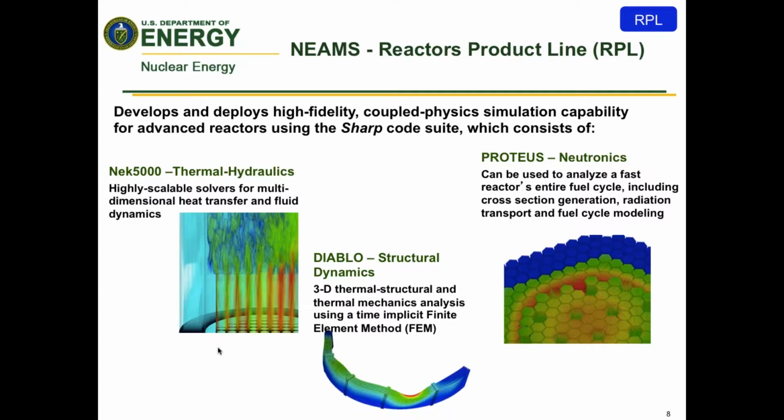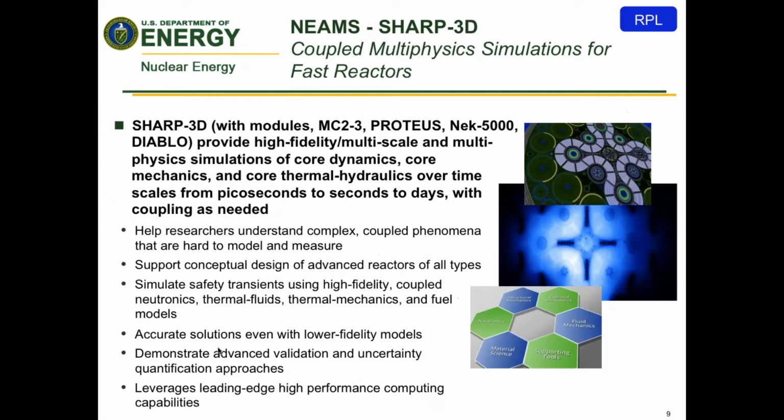It can certainly be useful, but for new applications where we would like to see high fidelity simulations with coupled codes, this is the way we're pursuing it. So we call it SHARP 3D, and one of the modules that was not pictured was MC²-3. So MC²-3, PROTEUS, NEK5000, and Diablo provide us that high fidelity, multi-scale, multi-physics simulation of core dynamics.